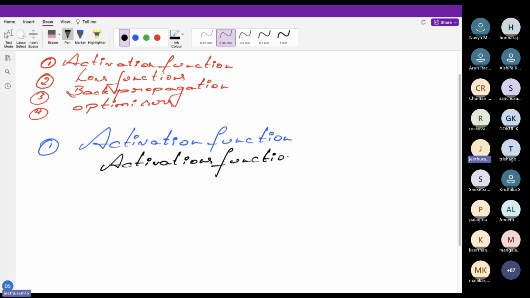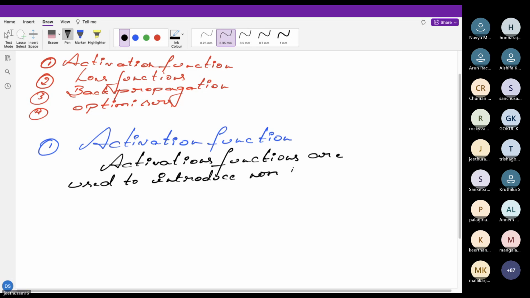Activation functions are used to introduce non-linearity into a process.